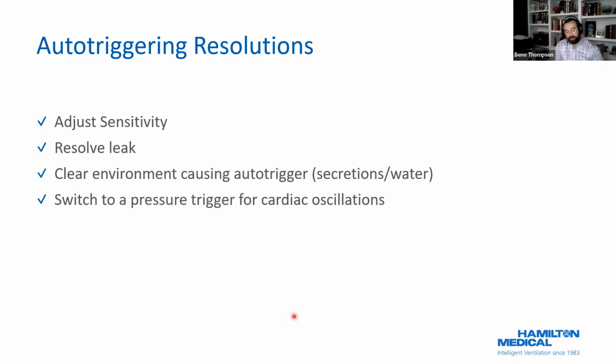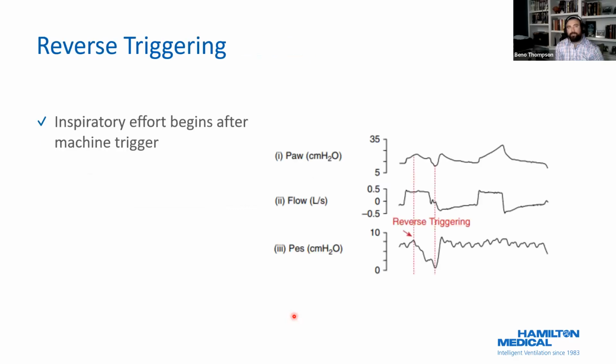But what we found is if you just switch to a pressure trigger, it doesn't even have to be an aggressive pressure trigger, like pressure trigger -1 or -2. It'll lock out the heart, but still allow the patient to be able to trigger the ventilator spontaneously if they want to take a breath. So for cardiac oscillations, for a hyperdynamic pericardium, just put them on a normal pressure trigger, -1, -2, and it'll lock that heart right out.